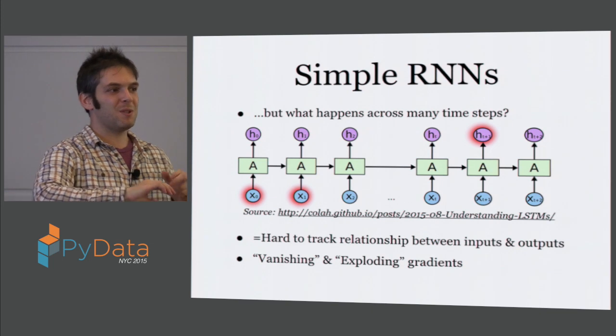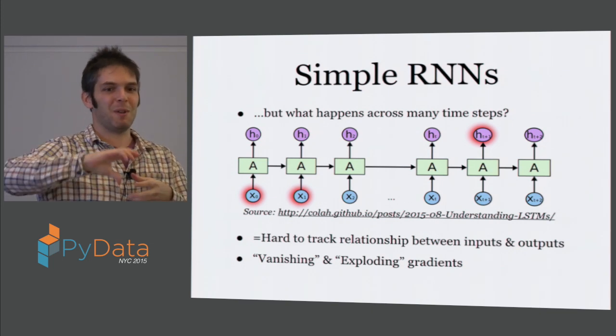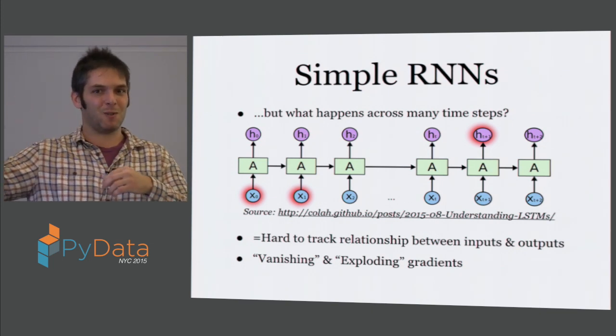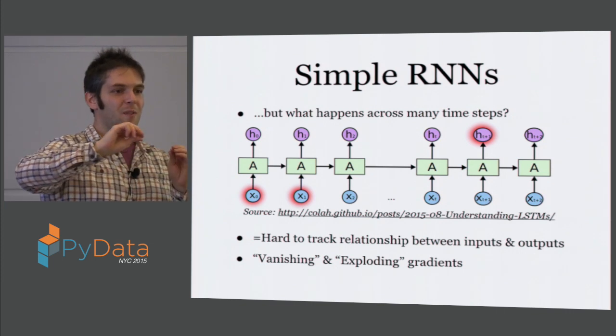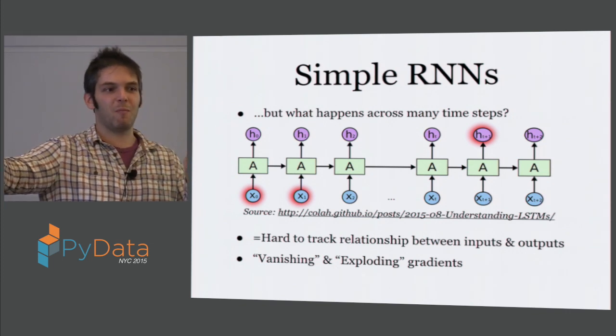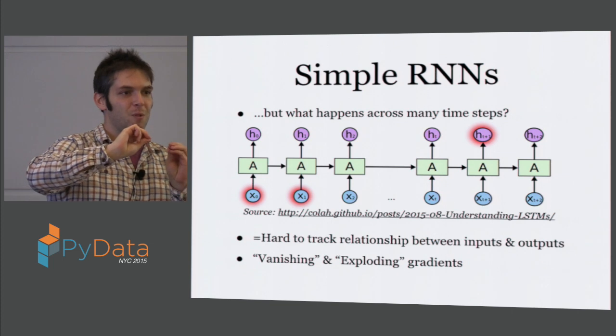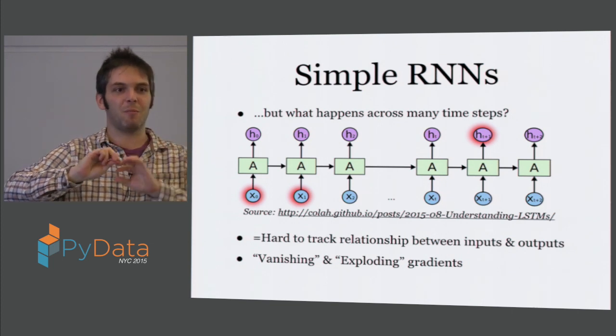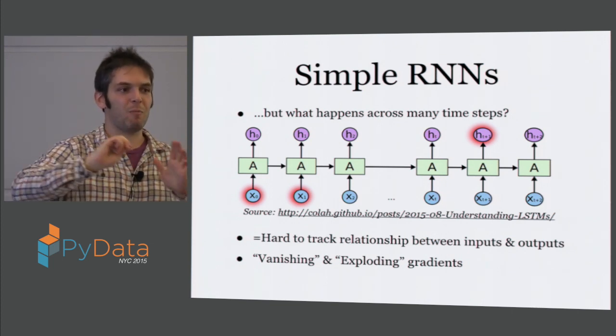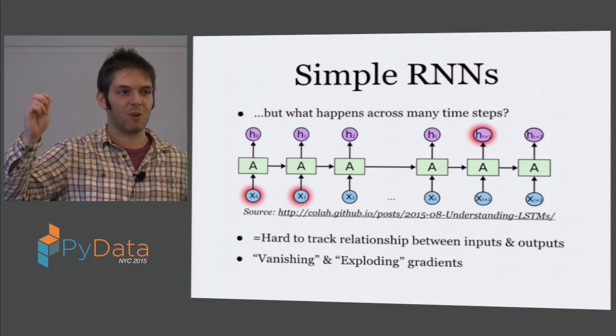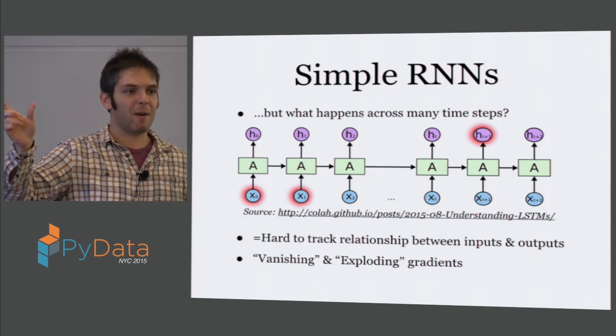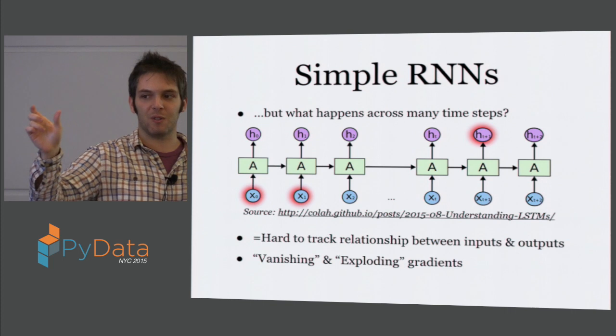So you go through 1,000 steps of matrix multiply, squish, matrix multiply, squish, squish, squish, and you end up with a very faded signal from many time steps ago. Anything that happens in the far past is an infinitesimal part of what you have in your current state. And your whole memory in a simple neural network is just the current state, the current output.